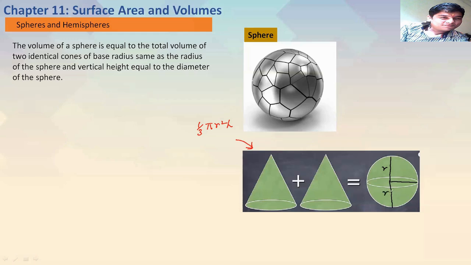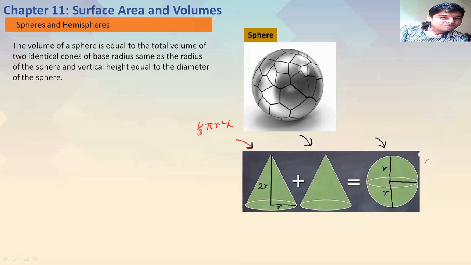Yes, absolutely. Now, suppose you have a cone whose base radius is the same as the sphere, r, and the height of the cone is the diameter of the sphere, that means 2r. Then you know what? Two such cones will be required to fill the sphere.